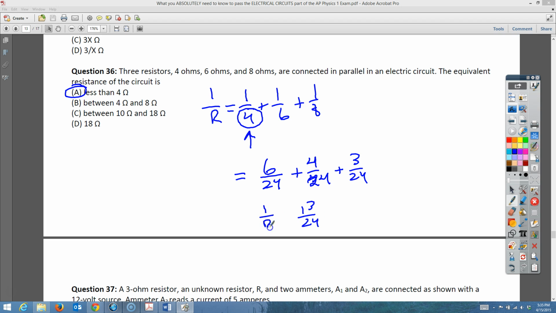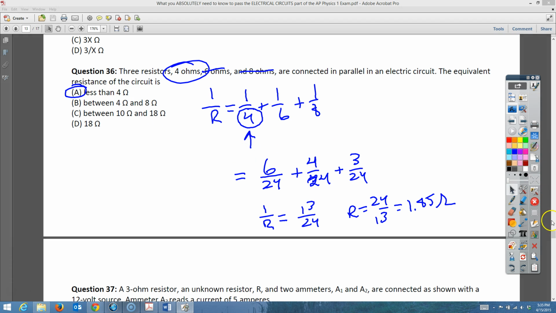And that, remember, is 1 over R. So to get R, we're going to have to take 24 divided by 13. And when you actually do 24 divided by 13, you should end up with 1.85 ohms. And so obviously that's a lot less than the smallest resistor, which is 4 ohms. So the shortcut way is just to look at whichever one is the smallest, which is this one, we can ignore the other two. The total's got to be less than 4.